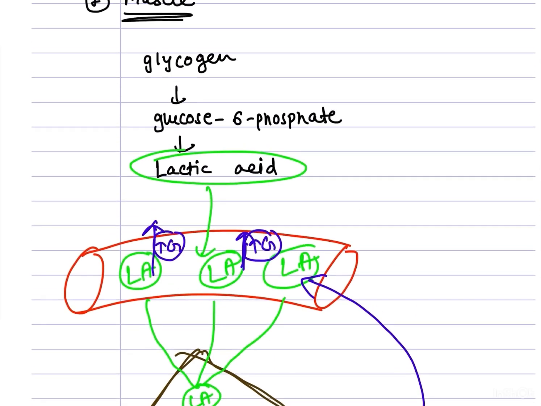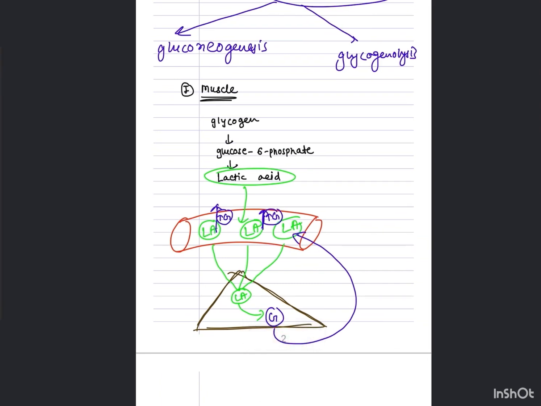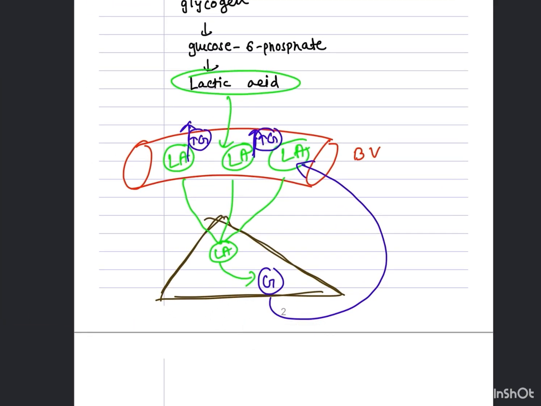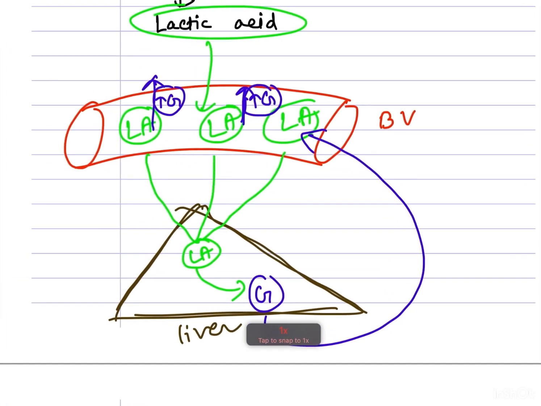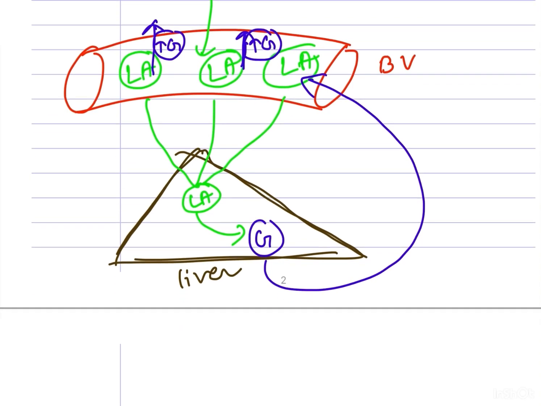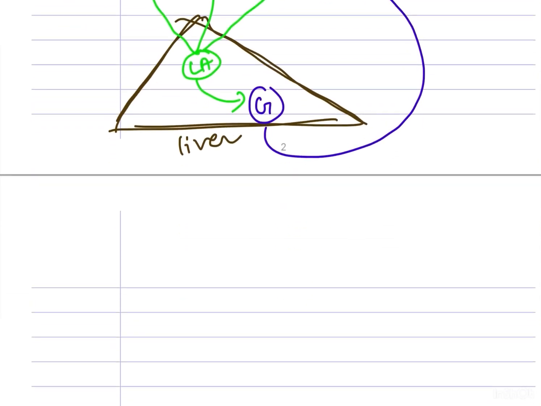So in the muscle, glycogen becomes glucose 6-phosphate, then lactic acid goes into the blood vessel, and the liver converts the lactic acid into glucose, which again enters the blood vessel, and we have more glucose in the blood: hyperglycemia.